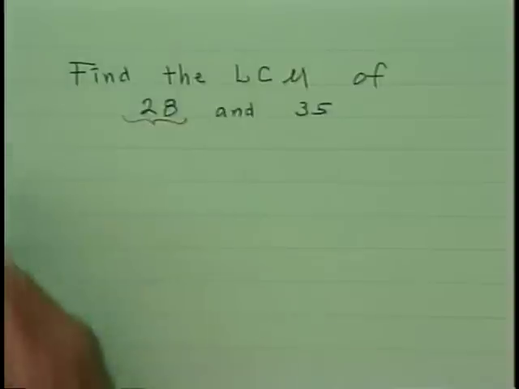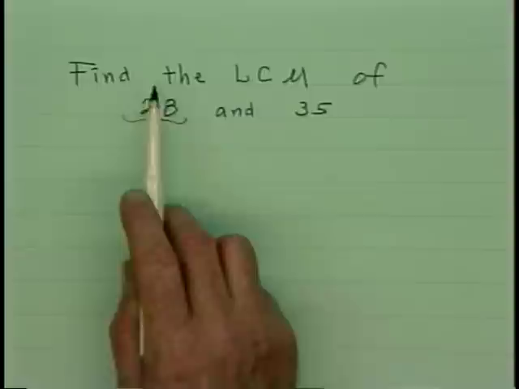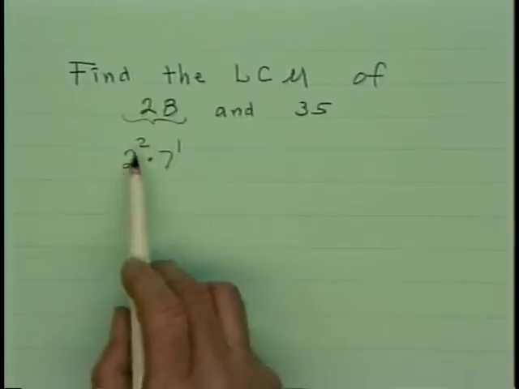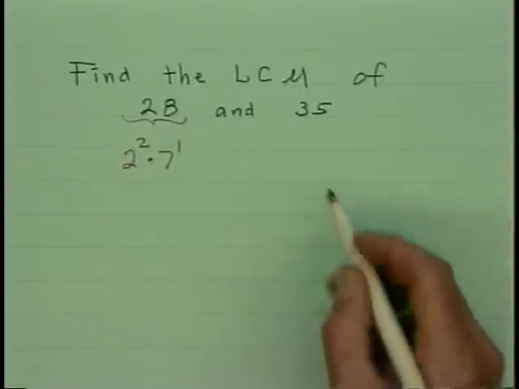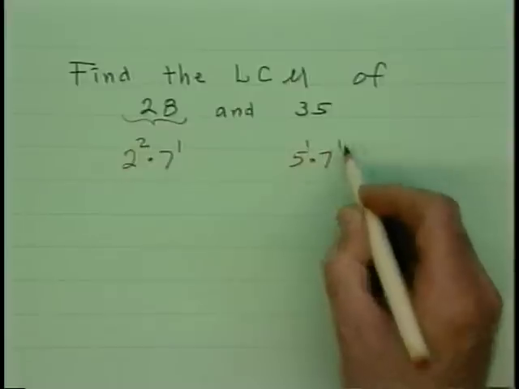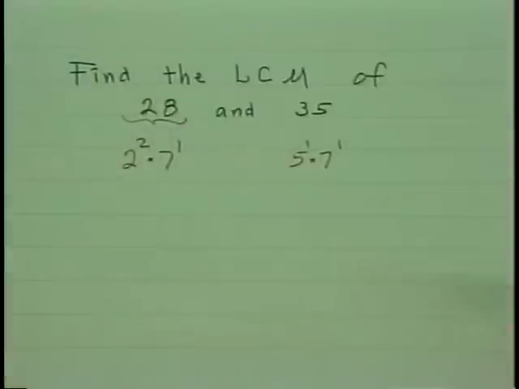If not, you must go back and do yet once again a review over that. So doing this, we would get 2 squared times 7. See, 2 times 2 is 4, times 7 is 28. And you can probably just see that 35 is 5 times 7. So we have prime factored each of these and written it in exponent form.